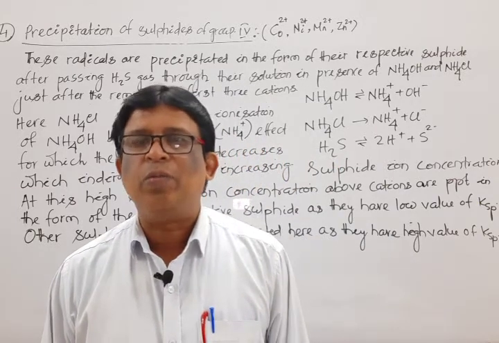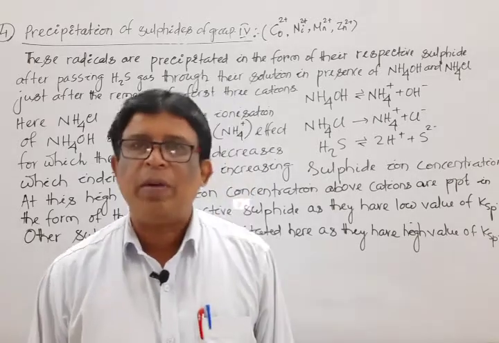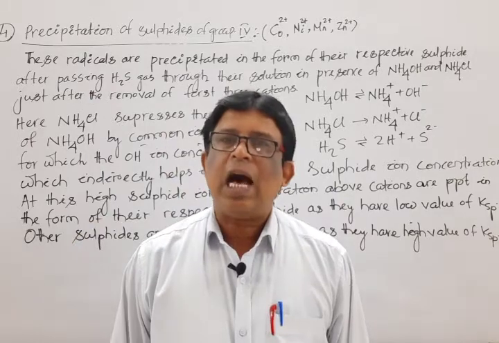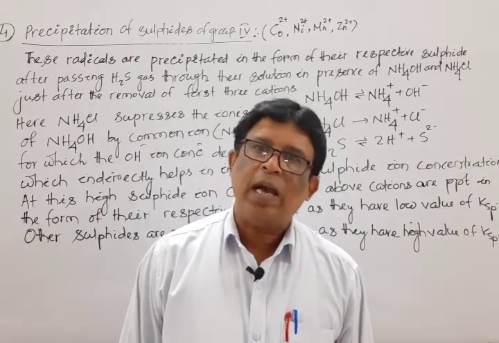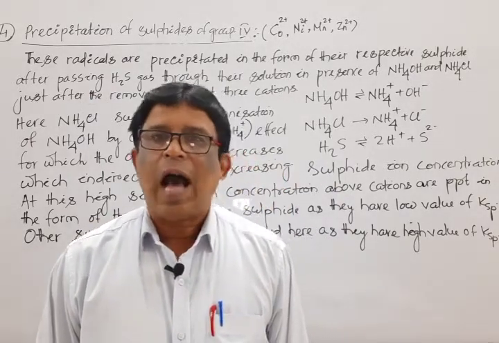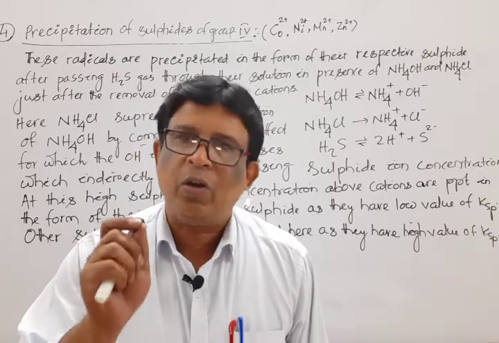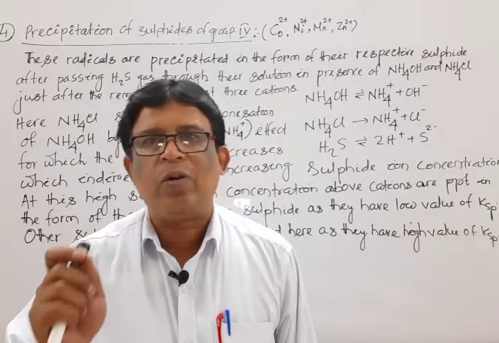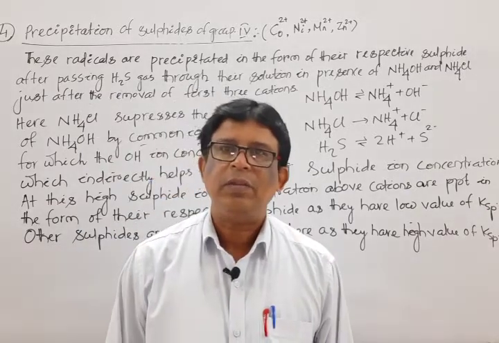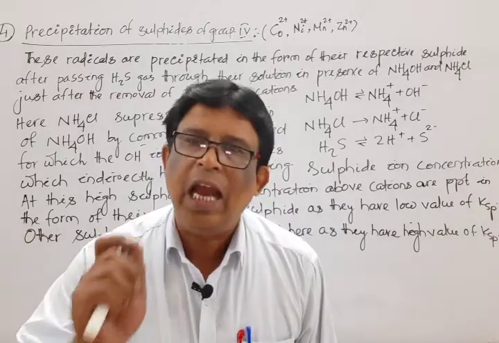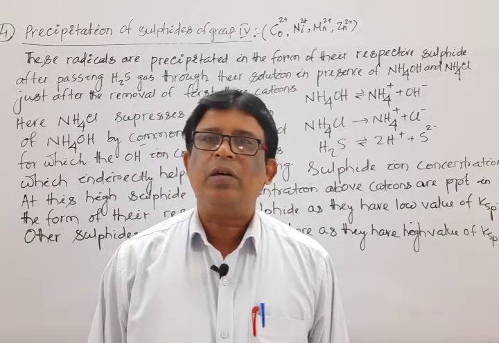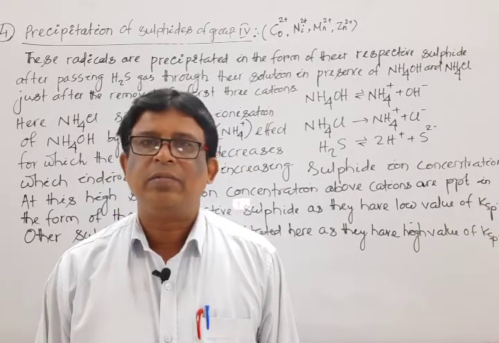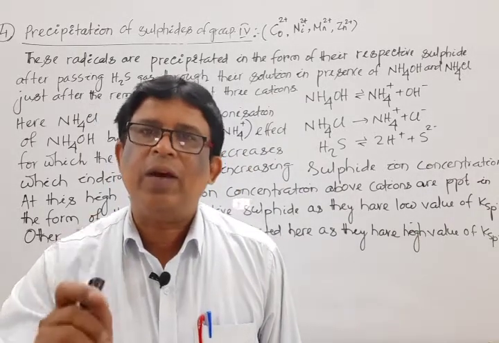So this ammonium chloride, due to the formation of a common ion, that is NH4+, the ammonium ion, and due to the common ion effect, the ionization of ammonium hydroxide is suppressed, lowering the OH- ion concentration, which indirectly helps the ionization or dissociation of hydrogen sulfide, increasing the sulfide ion concentration.